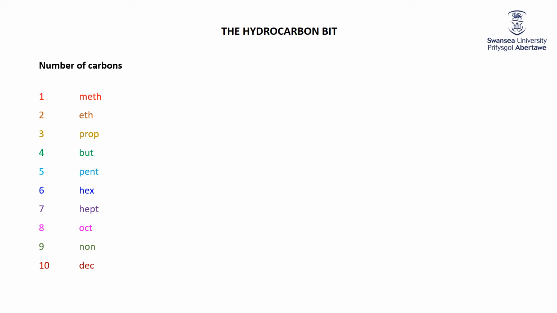Now, if we start off by just talking about organic compounds that have no functional groups at all, so all they've got are carbon atoms and hydrogen atoms, and all the bonds are single bonds. These types of molecules, as I hope you remember from your GCSE studies, are called alkanes, and their name always ends with ane.